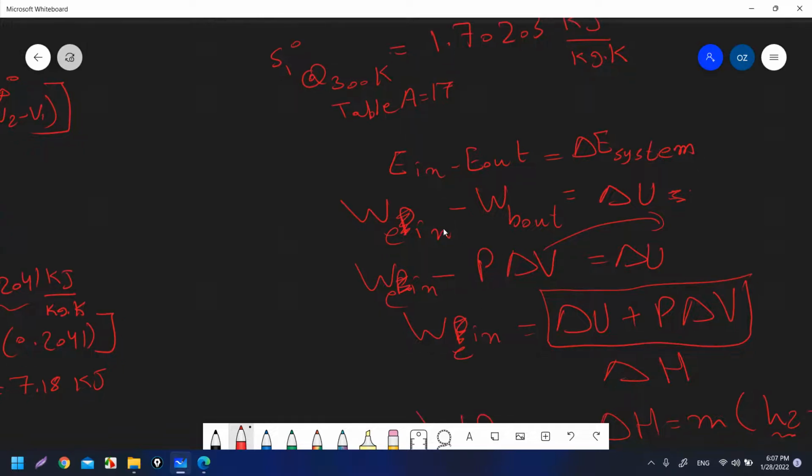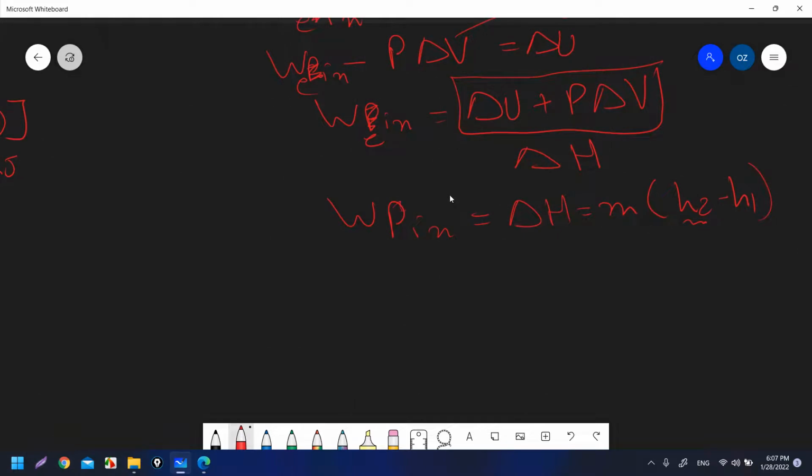So I can say the work W_e,in equals W dot e,in times ΔT, and I will have the answer. The W dot e,in he gave me in the question was 100, and the ΔT will be 600, but this will give me joules, because watt is joule per second and this is in seconds.